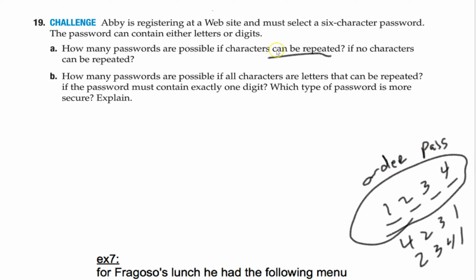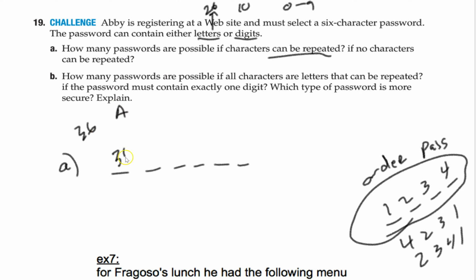So if no characters can be repeated, what does that mean? Let's say we have letters and digits. There's 26 letters in the alphabet, and there's 10 digits, 0 through 9. So right now I have 36 total. For part A, we have a 6 character password. Nothing can be repeated. So let's say my first character is A. I had 36 total possibilities.